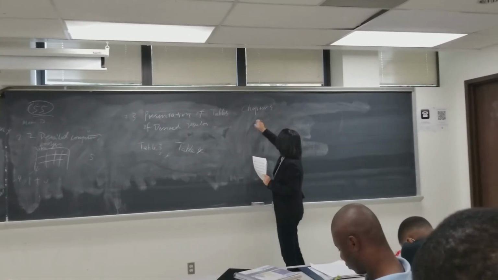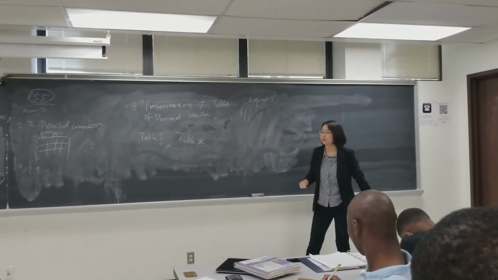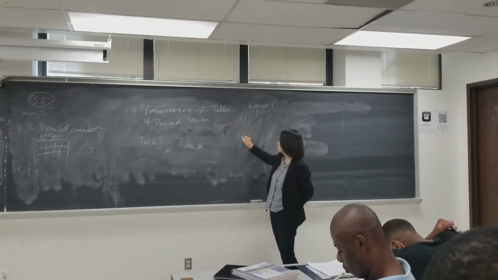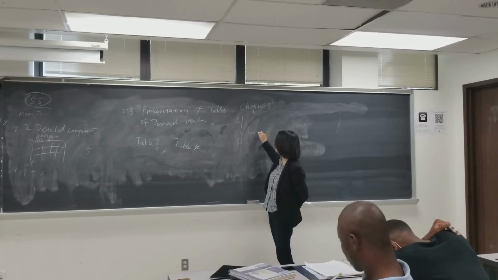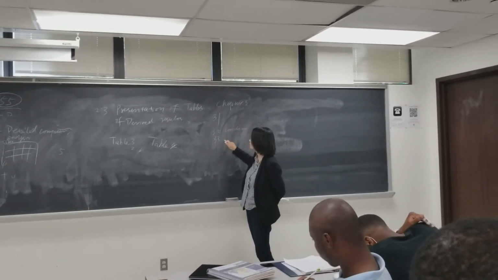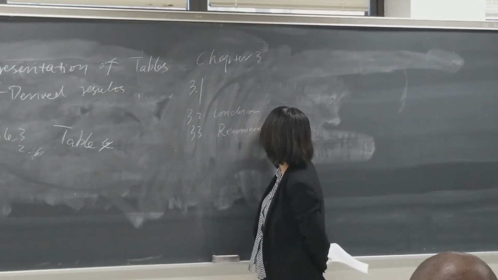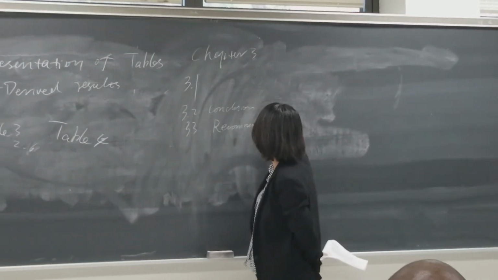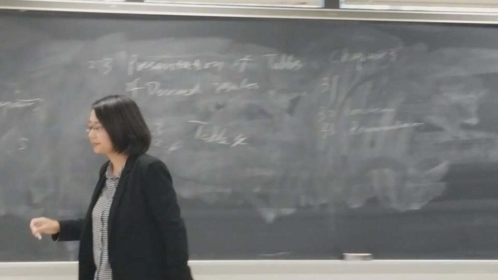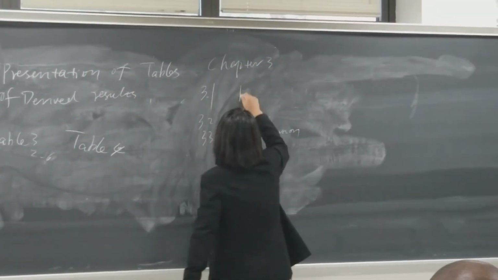Then for pre-lab, you only have 3.1. We actually have 3.2 for conclusion, and 3.3 about the recommendation. 3.1 is about the presentation of graphs. You check the title.